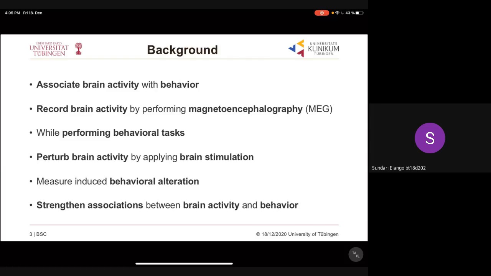This allows us to strengthen the link, or rather form a causal relationship, between the ongoing brain activity and how it is modulating our behavior. So essentially, brain stimulation is a tool that also helps us understand the scientific basis, or the mechanisms, of how brain oscillations interact with each other to give rise to a certain kind of behavior.